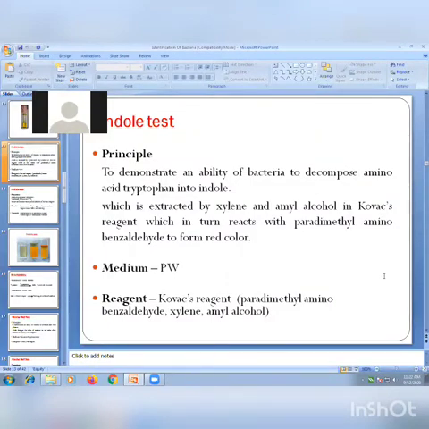For the medium, you write peptone water, a tube containing peptone water. Reagent, Kovacs reagent, which contains para-dimethylaminobenzaldehyde plus xylene plus amyl alcohol. Xylene and amyl alcohol extract indole at the surface, and whenever it reacts with the para-dimethylaminobenzaldehyde, a red color ring is produced.